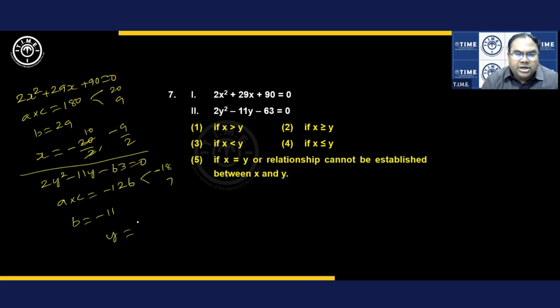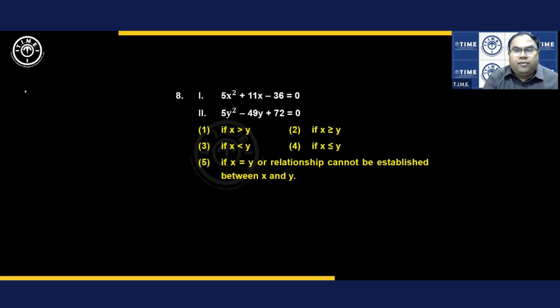When I'm writing the roots, it will change the sign. 18 by coefficient 2 is 9, comma minus 7 by 2. So minus 10 is less than 9, and also less than minus 7 by 2. Minus 9 by 2 is less than 9, it is less than minus 7 by 2. So clearly x roots are less than y. X less than y is present in choice 3.